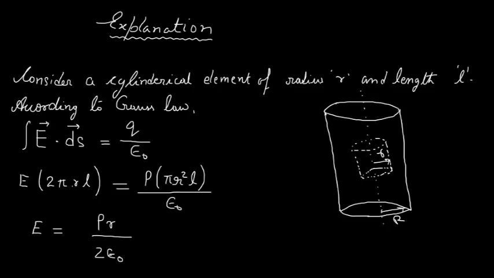Instead of dS we can write 2 pi r L. Therefore E multiplied by 2 pi r L is equal to rho multiplied by pi r square L upon epsilon naught. Rho is the charge density and pi r square L is the volume of the cylinder. Therefore E is equal to rho r upon 2 epsilon naught.